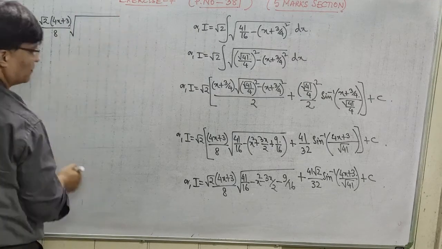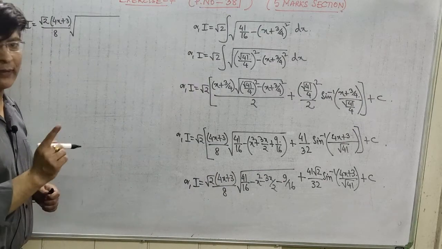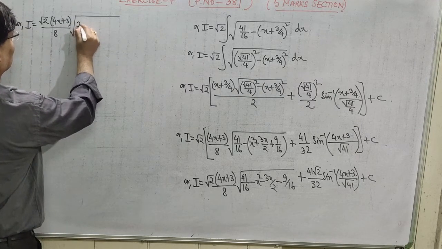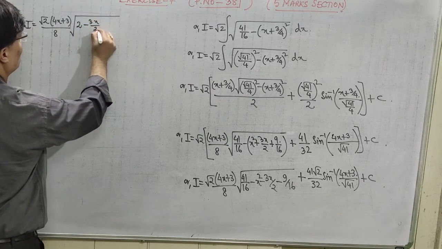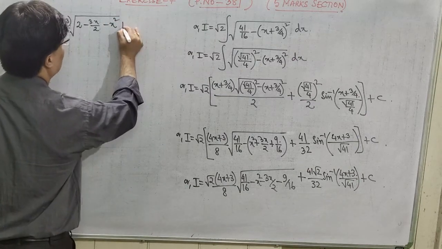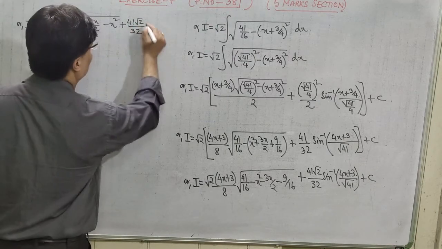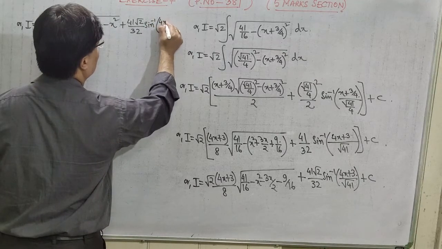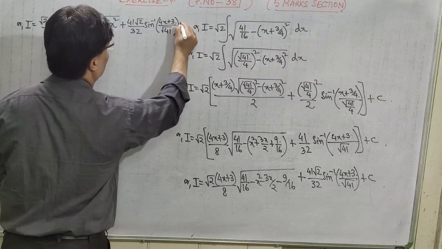And within square root, 41 by 16 minus 9 by 16. 16 is the LCM, so 41 minus 9 will be in the numerator. What is 41 minus 9? It is 32 by 16. 32 by 16 means 2. Minus, let us write 3x by 2 first, and then minus x². Okay? Plus, second term remains as it is, 41 root 2 divided by 32, then sine inverse within bracket, this is 4x plus 3 divided by root over 41, bracket close, plus c.